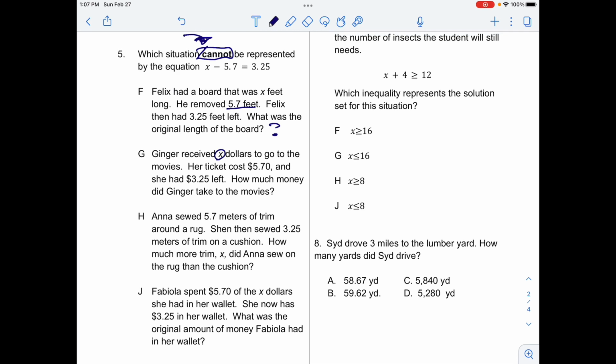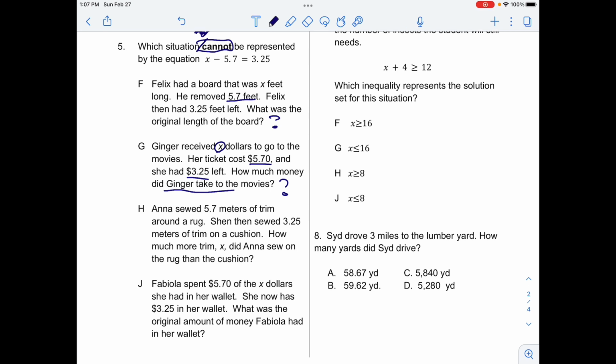Ginger received X dollars to go to the movies. Her ticket cost $5.70, and she had $3.25 left. How much money did Ginger take to the movies? Well, that could be one of the situations. So remember, we're looking for cannot.